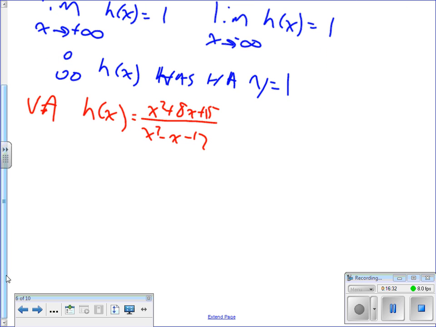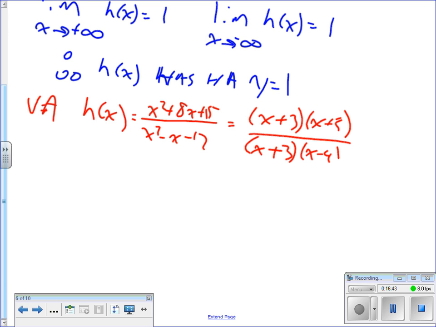What you want to do is factor it: x plus 3, x plus 5 over x plus 3, x minus 4.